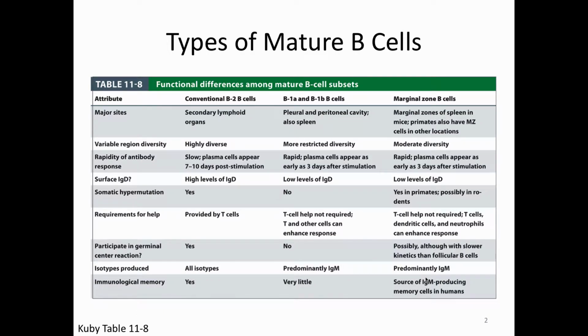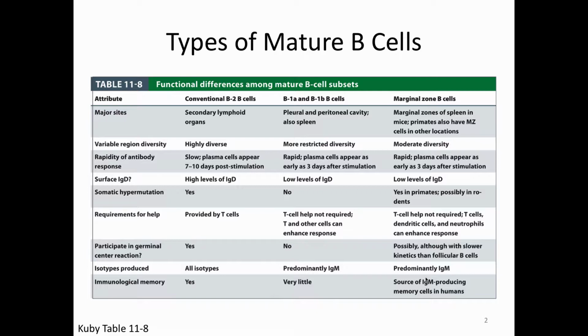Just as a little bit of a caveat, I want you to be aware that in reality, there are many types of mature B cells. Everything that I am going to tell you about has to do with what is listed here as a conventional B2 B cell. Sometimes it's also known as a follicular B2 B cell.